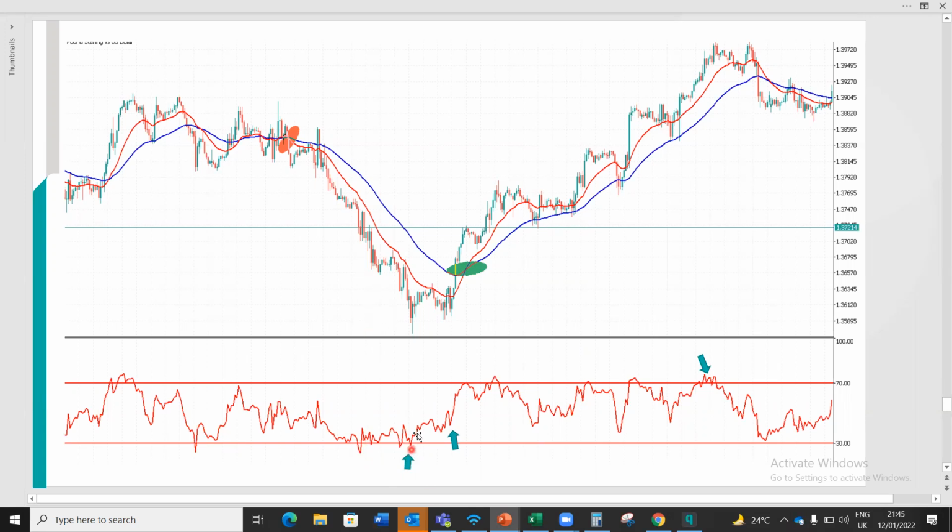At this point, the market was oversold and would most likely go up, and here the market was overbought and would most likely come down, right? So we have the pull up.